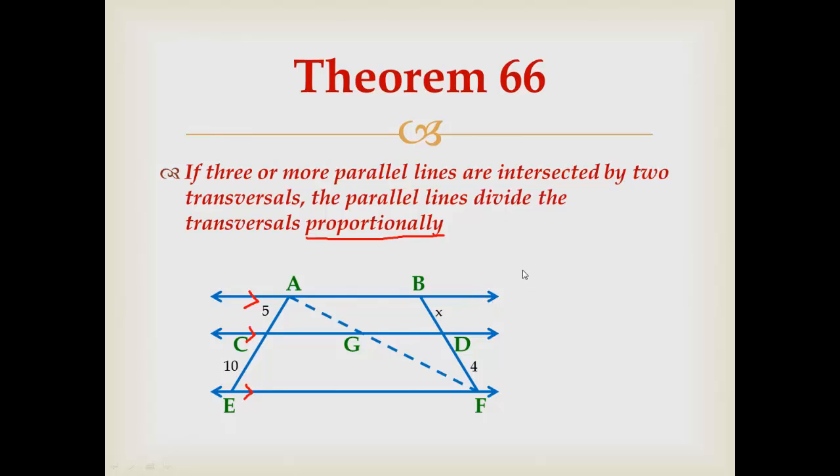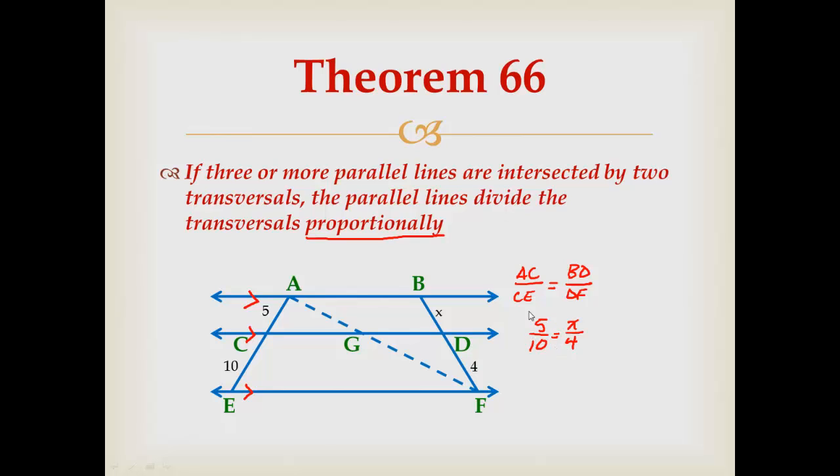Well, we have our ratios, AC to CE, and if that's AC, then BD to DF, and we can simply substitute the numbers. 5 over 10 equals x over 4.